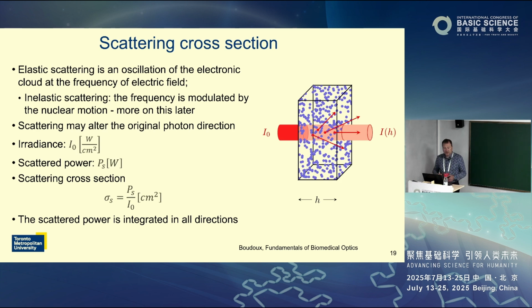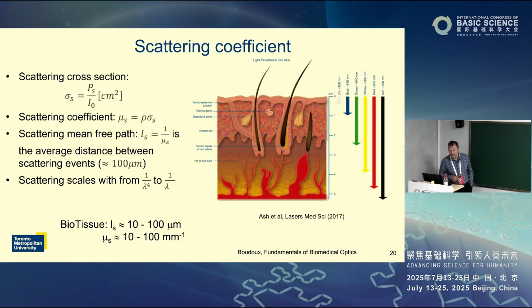The scattering cross-section is the ratio of the scattered power over the initial power, using basically the same diagram as for the absorption. How can we take that into account? That's the next question. Well, we apply again the same approach.